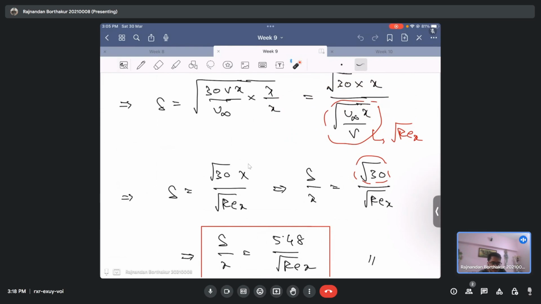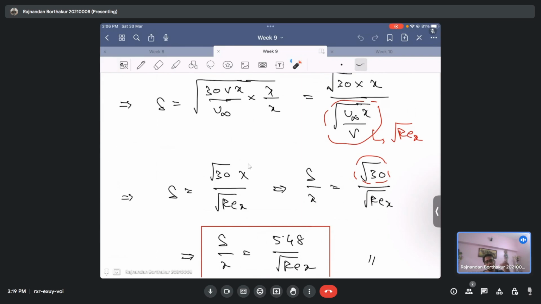This is a respite because we need not always follow the Blasius solution. Sometimes the Blasius solution is not very straightforward to calculate, because we need to start off with the governing differential equation of boundary layer theory for a flat plate, then substitute the velocities in terms of the stream function, and then solve an ODE which is non-linear and of third order.